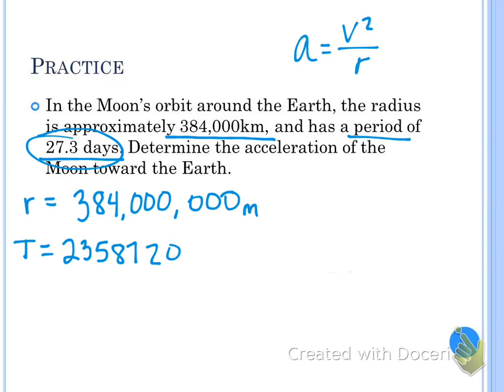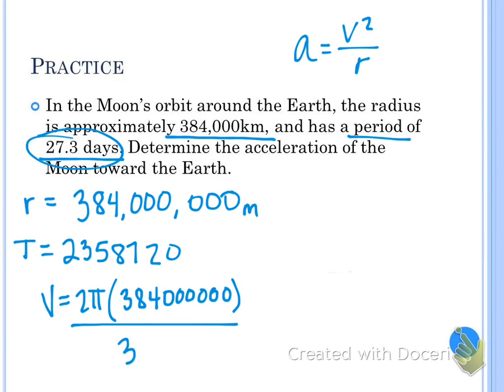We don't know the velocity that the moon is moving, so we find that first. 2 pi r over t. Is that about what you had for velocity?